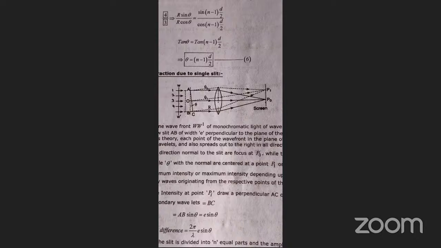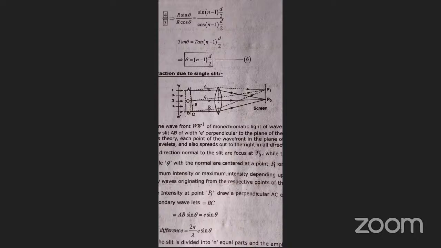The primary is focusing at point P0, and the secondary wavelets are focusing at point P1 on the screen. Is it clear? Each point of the wavefront in the plane of the slit is a source of secondary spherical wavelets and spreads out in all directions.